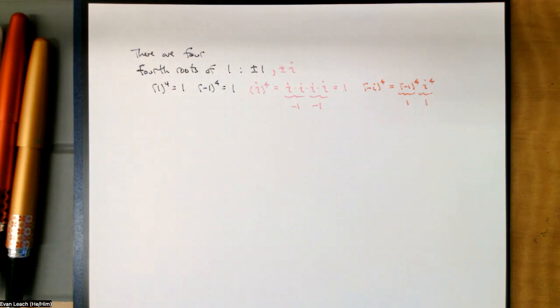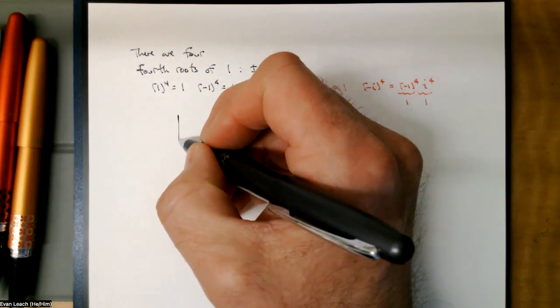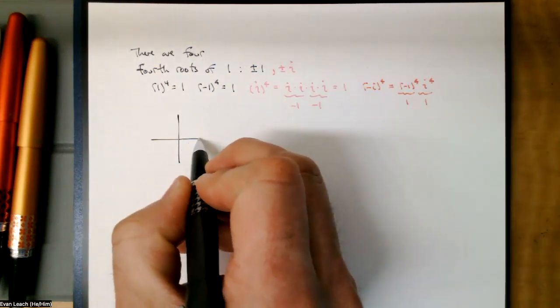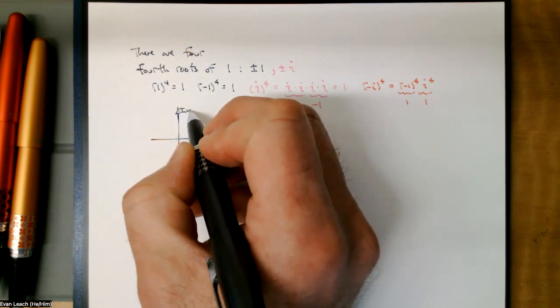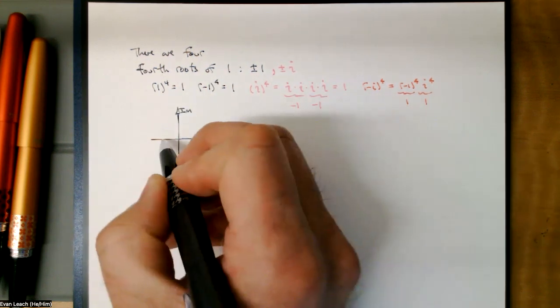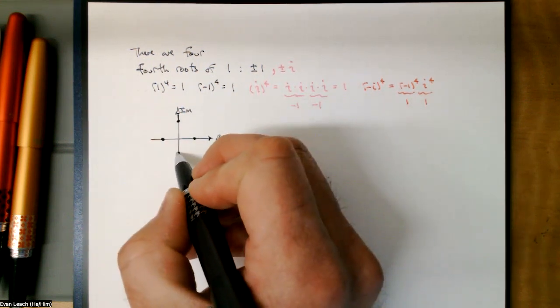If I plot them on the complex plane, here's 1 and -1, and here's i and -i.